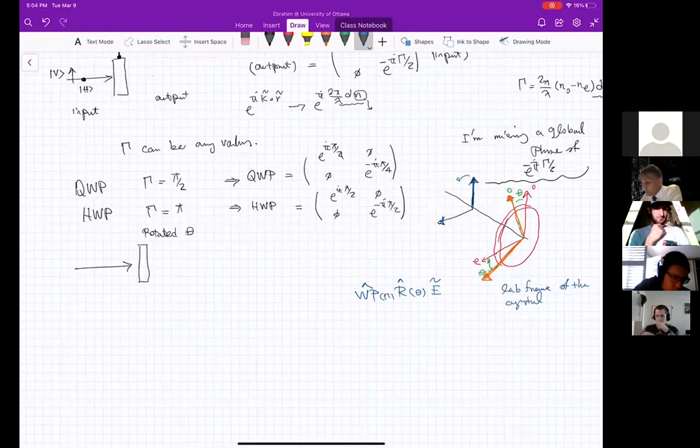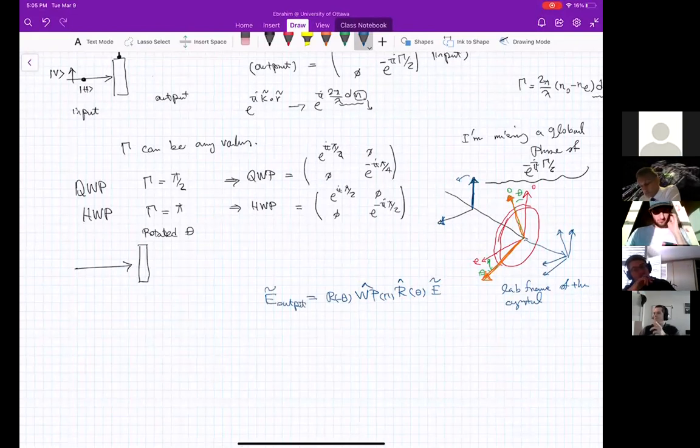Then after the propagation, I have to bring it back from the rotated coordinate to the lab coordinate, so I apply a minus rotation of theta. This is the electric field output.